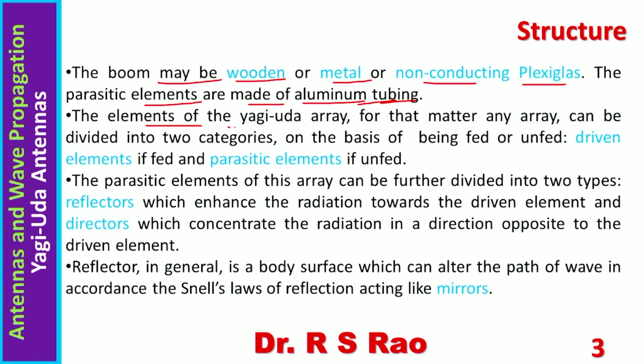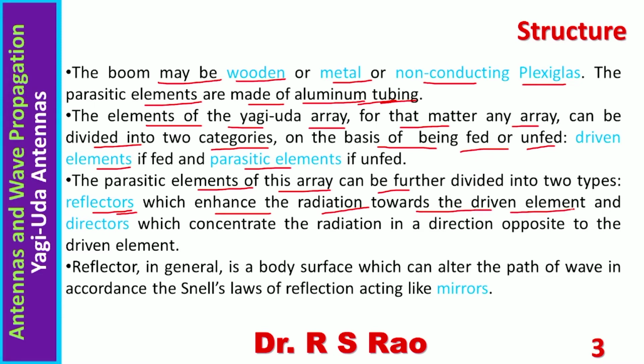The elements of the Yagi Uda array, for that matter any array, can be divided into two categories on the basis of being fed or unfed. When fed, they are called driven elements, otherwise they are called parasitic elements. The parasitic elements of this array can be further divided into two types: reflectors, which enhance the radiation towards the driven element.